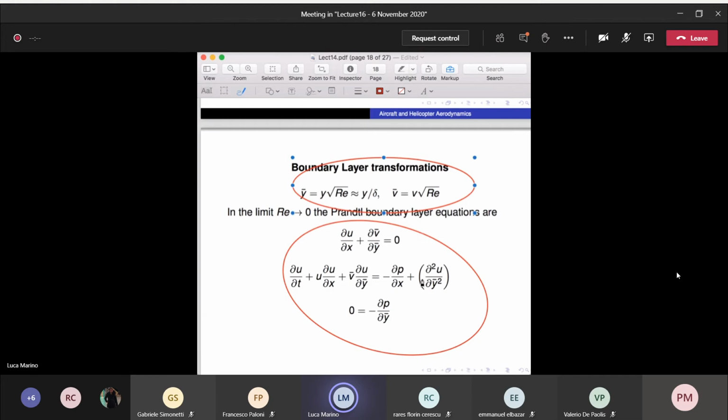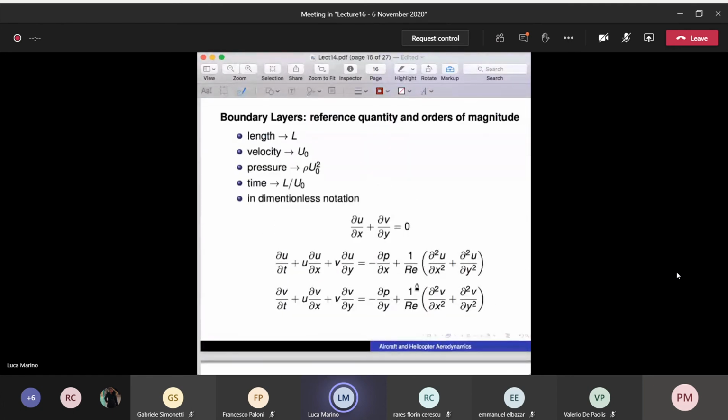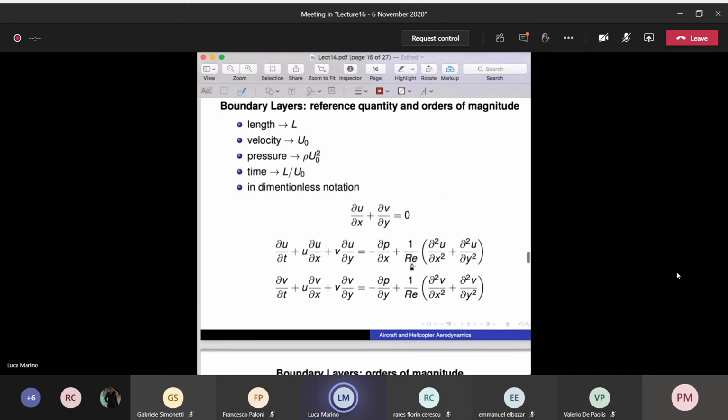On the other side, in the Navier-Stokes equation, this is not possible, and you have to make a numerical integration for a given value of Reynolds. If you want to see the flow for a different value of Reynolds, you have to repeat the numerical integration. Okay, this is important because the Reynolds number can change dramatically the effect on the fluid.